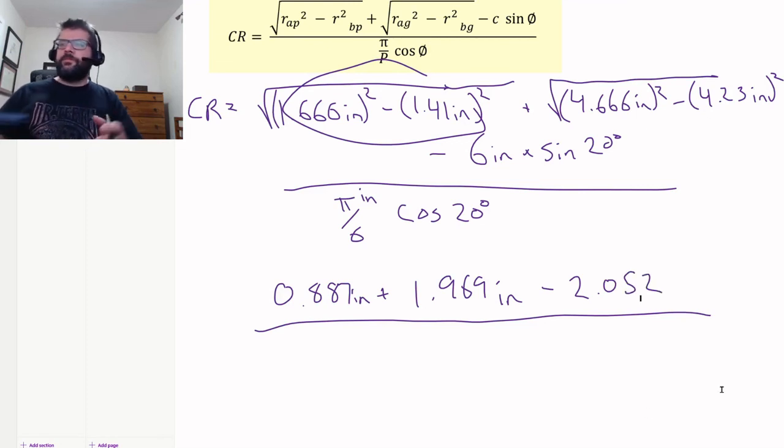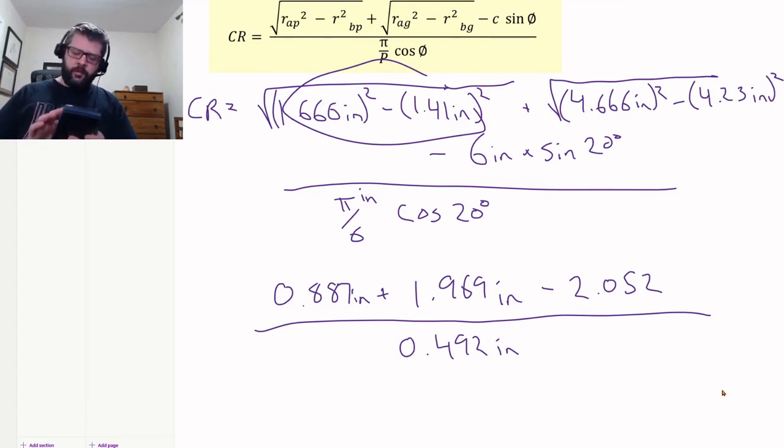Sorry about that. Alright, so on the bottom, 3.1415 divided by 6 times cosine of 20, 0.492 inches.